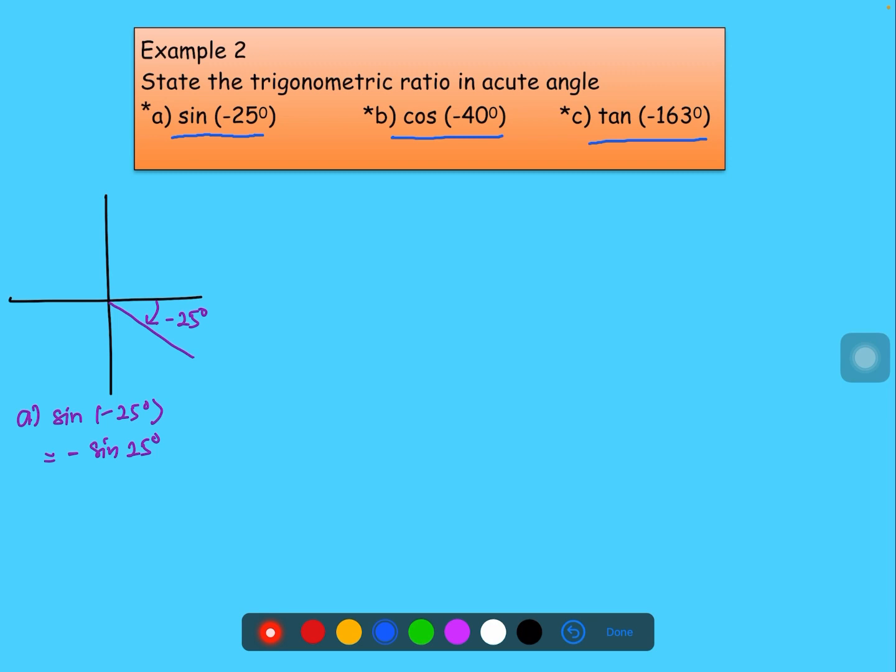For sine minus 25, it starts from 0 until this line, minus 25, following the clockwise direction. So minus 25 degree is minus sine 25, because sine in the fourth quadrant is negative.